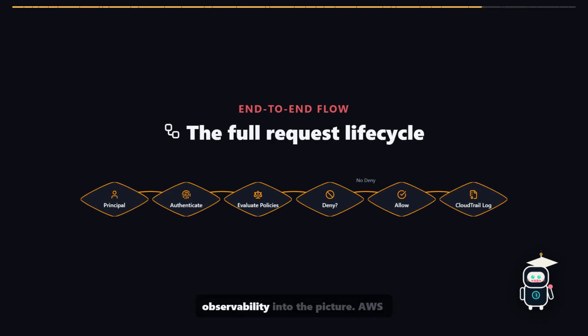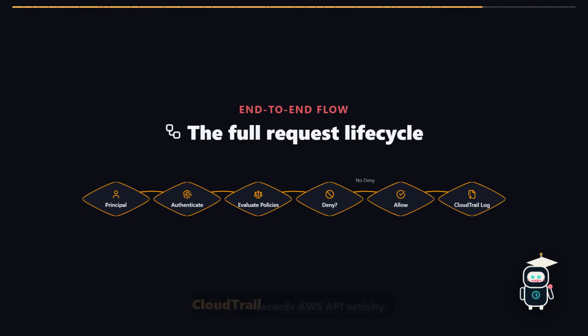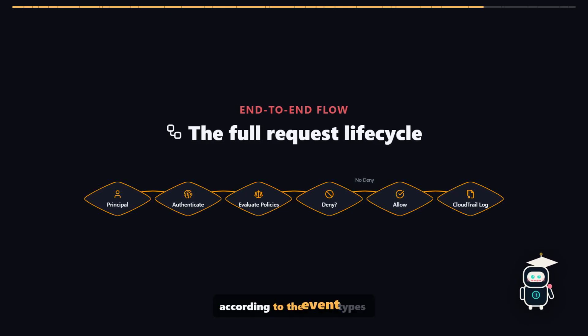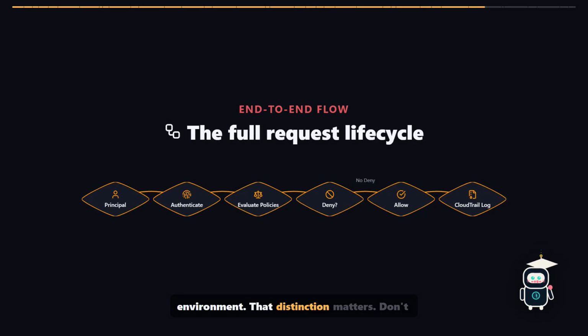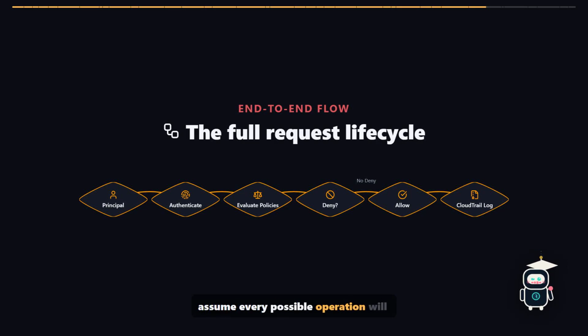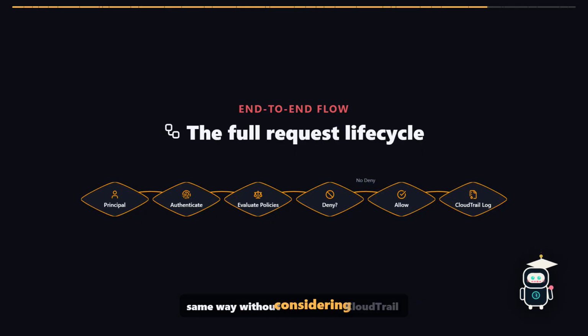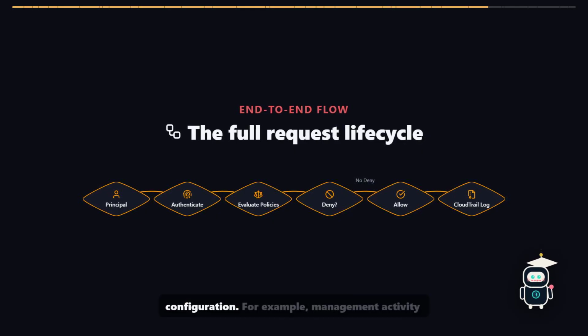Now bring observability into the picture. AWS CloudTrail records AWS API activity according to the event types and logging configuration in your environment. That distinction matters. Don't assume every possible operation will automatically appear in exactly the same way without considering CloudTrail configuration.